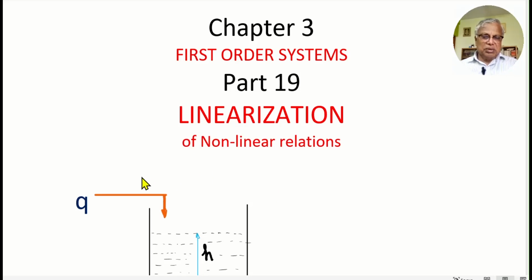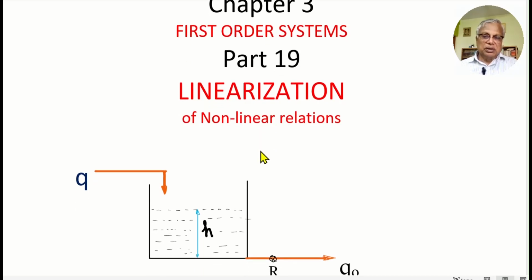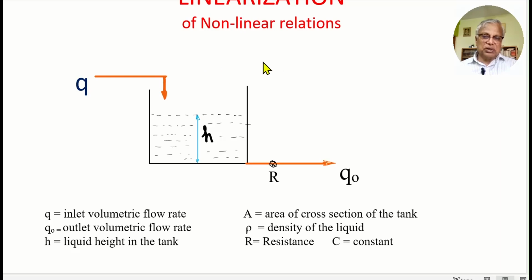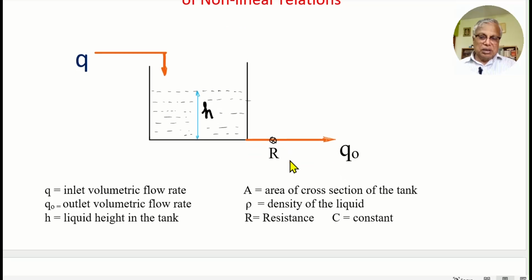We will take up the example of a liquid flowing through a tank and consider a nonlinear relation for this. This is an example of a tank through which liquid is flowing. These are the variables: Q and Q naught are the volumetric flow rates, inlet and outlet. H is the liquid level height. R is a resistance. And C is a constant which we'll be using later on.